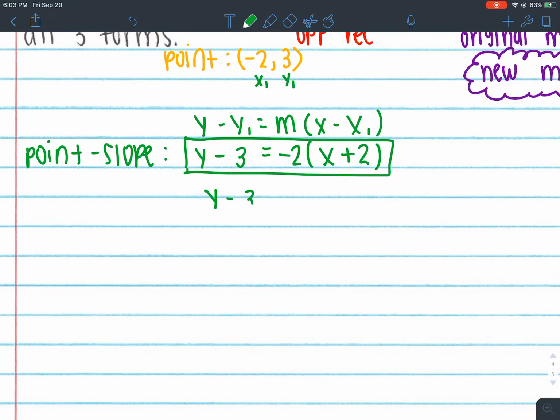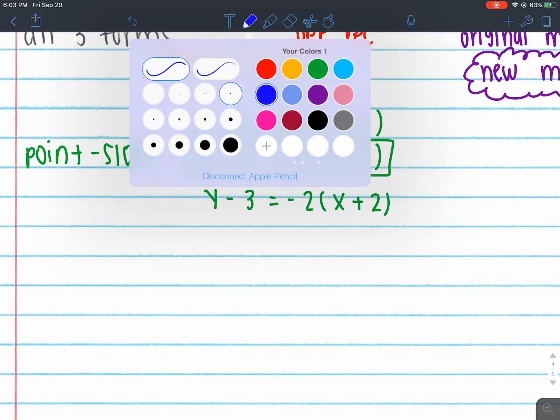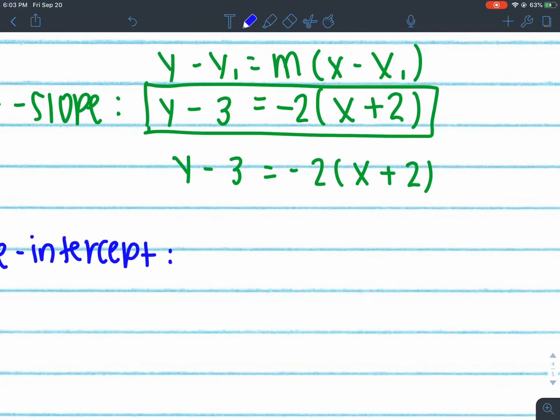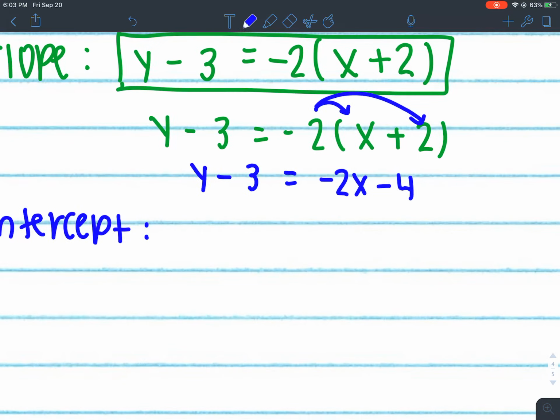Okay, now the next form you always move into is slope-intercept form. So I'm going to go ahead and copy down my point-slope so that I can start moving into slope-intercept. Again, I like to color code for you guys, so that's why I do the things that I do. All right, in order to get this in slope-intercept, the first thing I've got to do is distribute. -2 times x is going to be -2x. -2 times 2 is going to be -4.